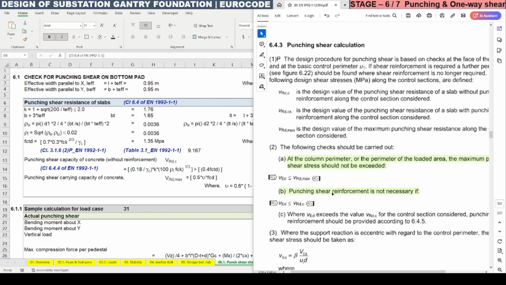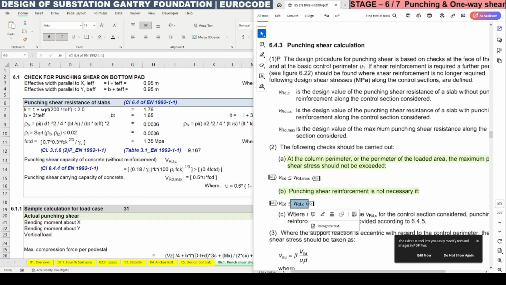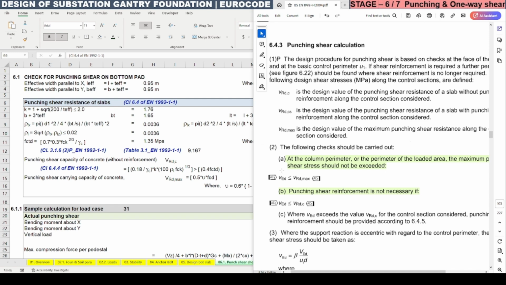In the second case, punching shear reinforcement is not necessary if vEd is less than or equal to vRd,c. So now we need to calculate vRd,c and vRd,max in order to find out whether the calculated or actual shear stress is less than these two. If it is less, we can say there is no need of shear reinforcement, and the column and bottom raft sizing is sufficient to resist the punching shear.